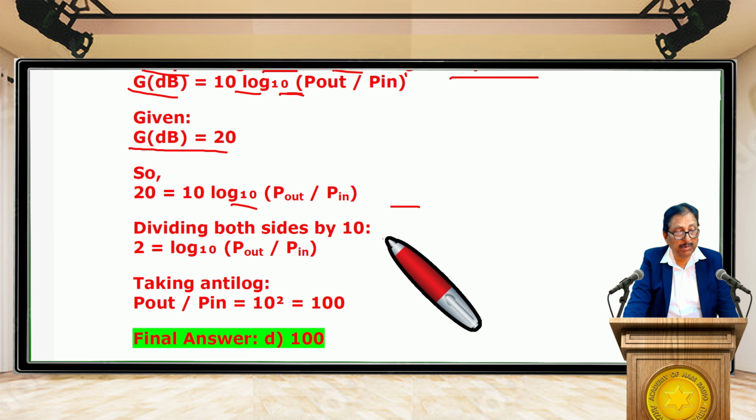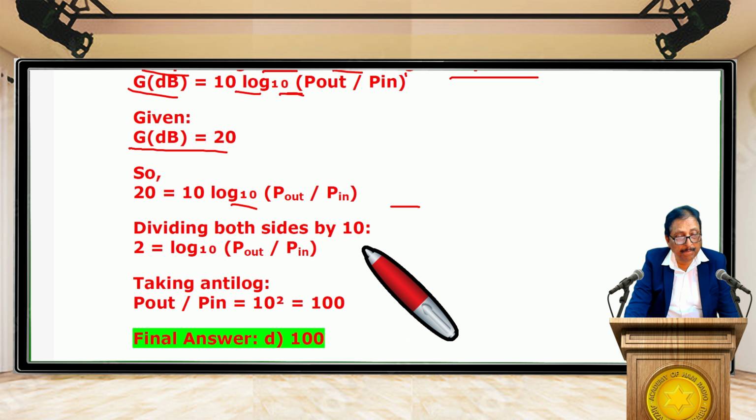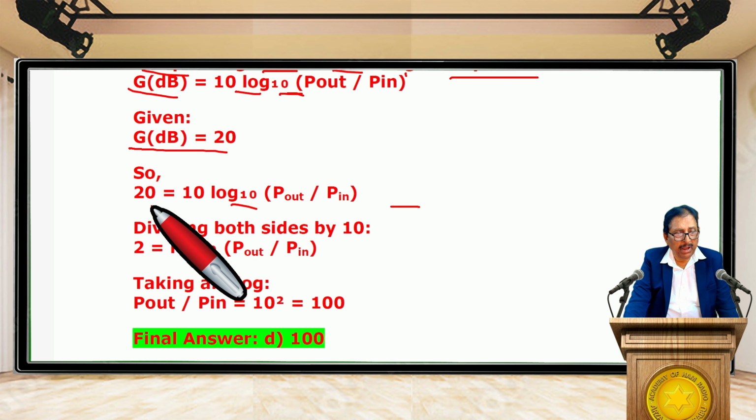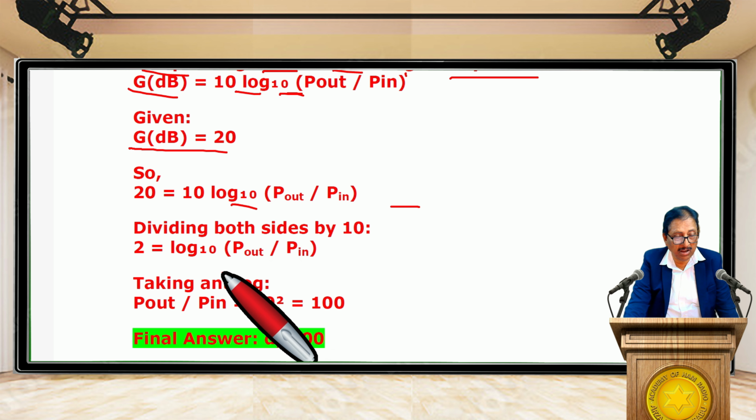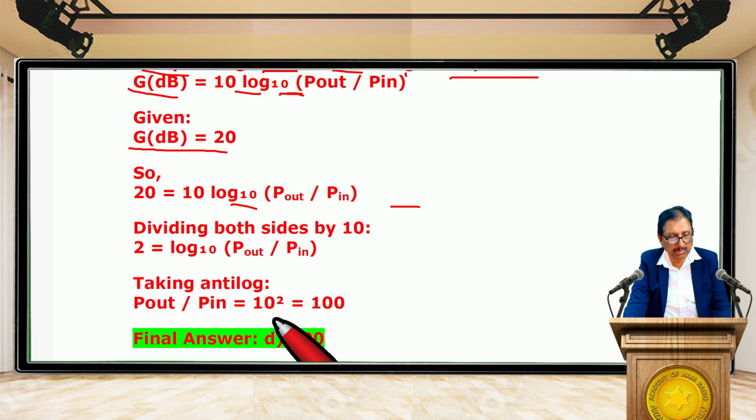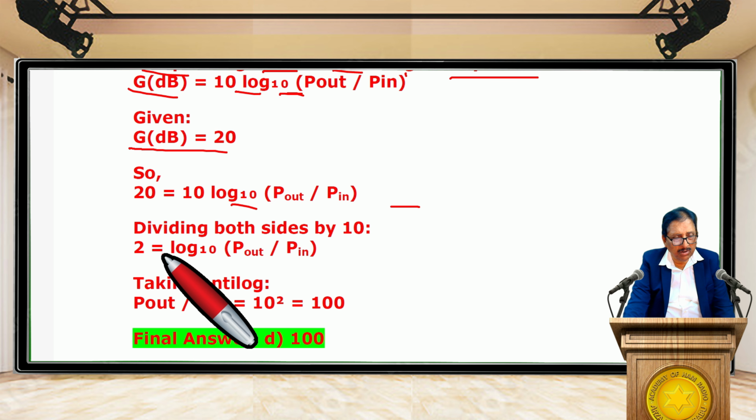Dividing both sides by 10, it becomes 2, and the 10 cancels. The remaining part is log P out by P in to the base 10. Taking antilog, P out by P in must be 10 squared, then only it becomes 2. So P out by P in is equal to 10 squared, equal to 100. The final answer is 100.